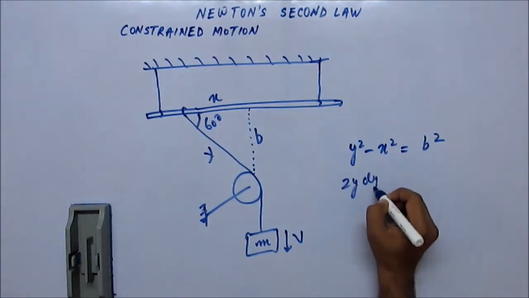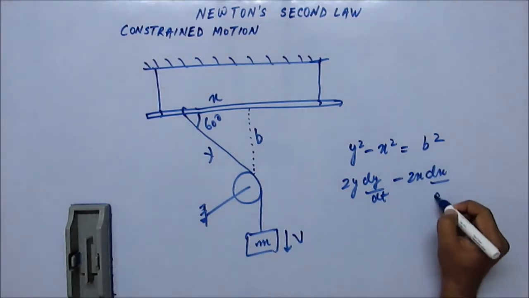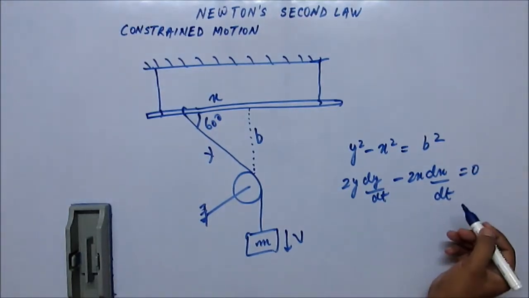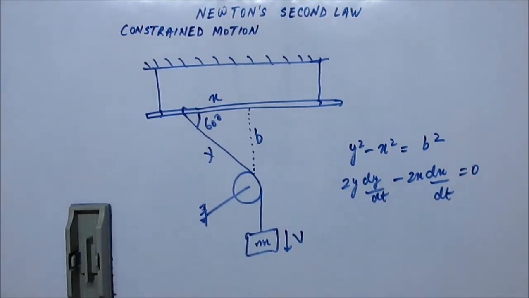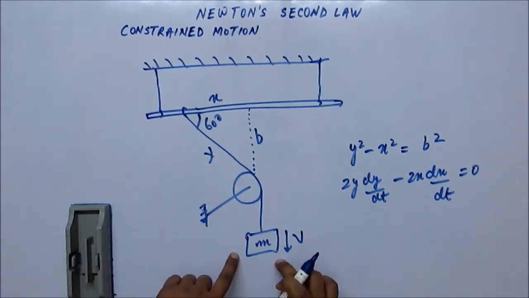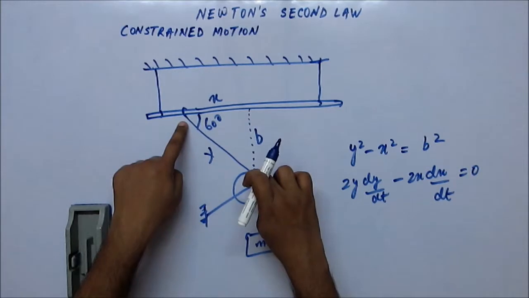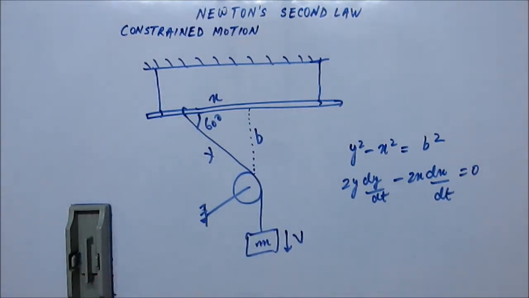2y dy by dt minus 2x dx by dt is equal to 0. We have exactly the same relation, and you can see this final relation is also going to come out the same. Now dy by dt, you have to appreciate again, is actually v, because if this mass comes down by a distance of dy, then there has to be a decrement in the length by the same amount dy in the hypotenuse of this triangle, because the length of the string is constant.